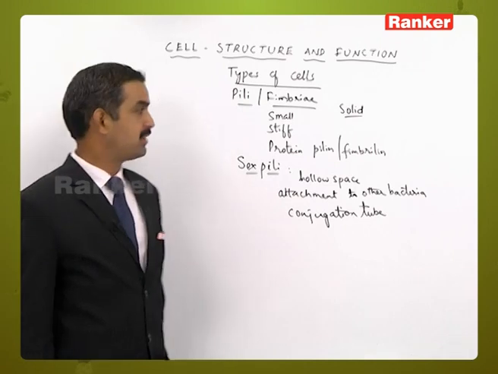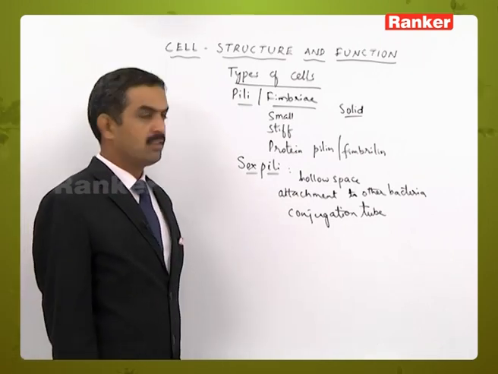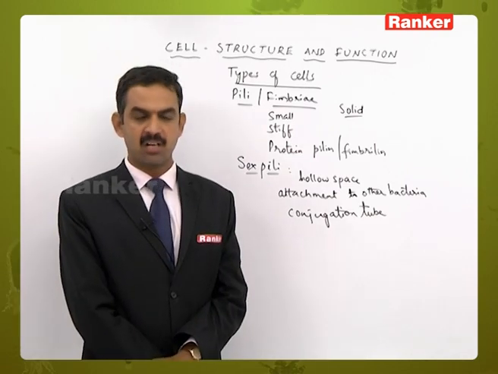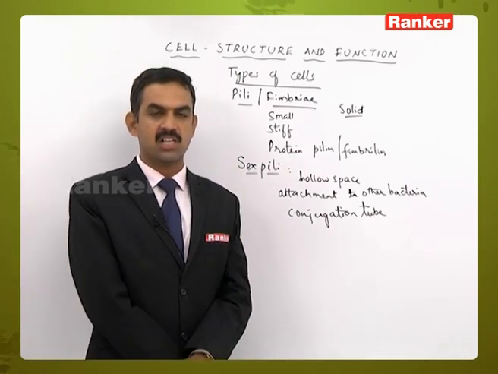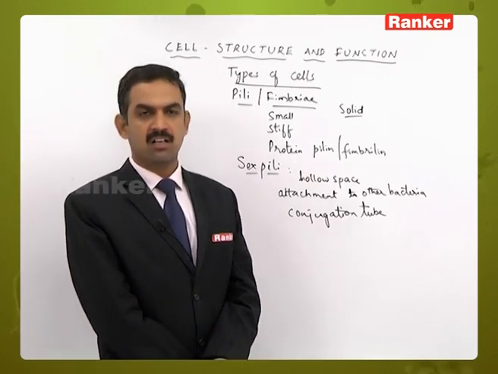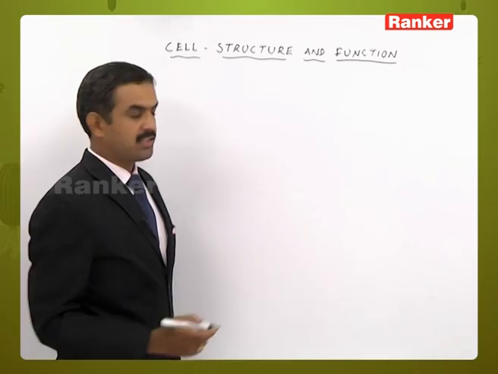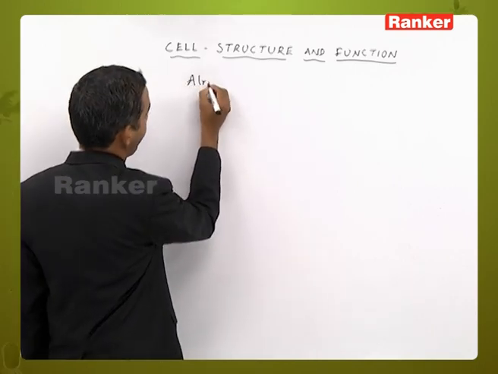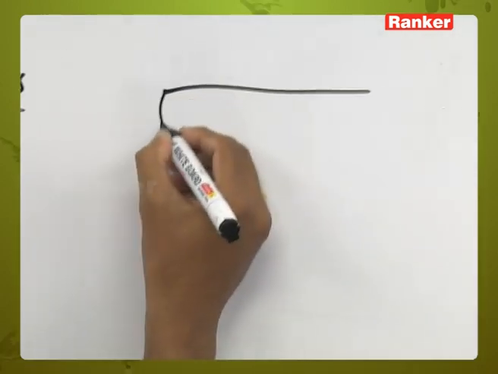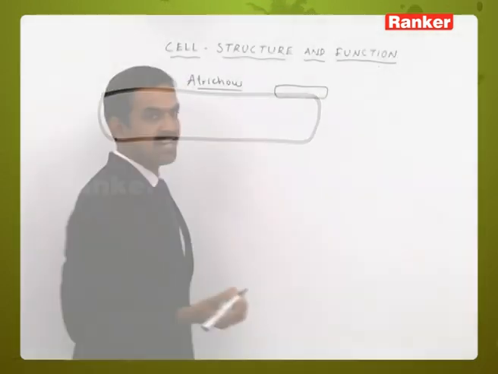So these are the things which can be seen in the bacterial cell. And here, when we discuss the type or the number of flagella present on the bacterial cell, the bacteria have been divided into various types. Atrichous means the bacterial cell which does not have any flagella on it.